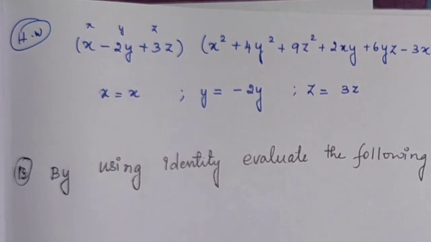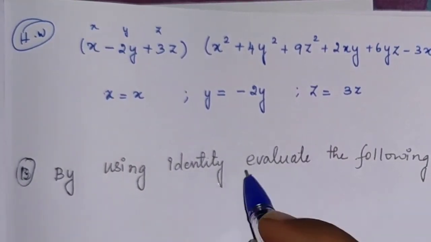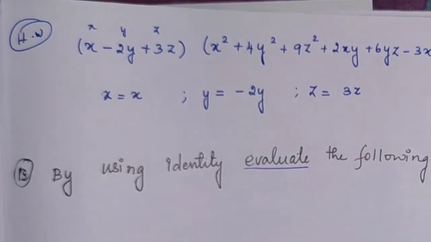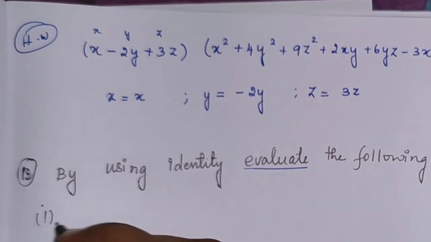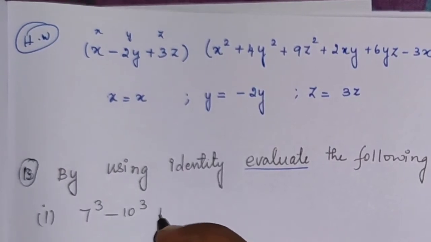Okay, problem number 13. By using identity, evaluate the following. So we are asked to find the value of 7 cube minus 10 cube plus 3 cube.